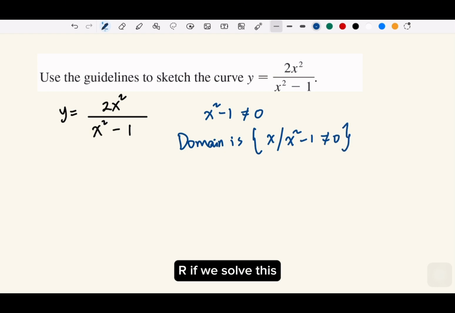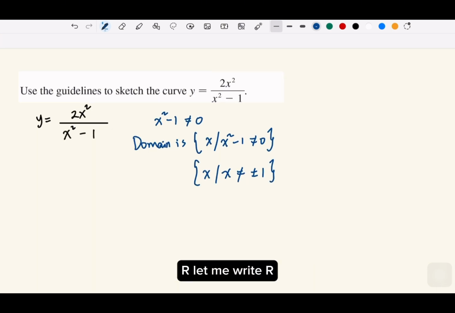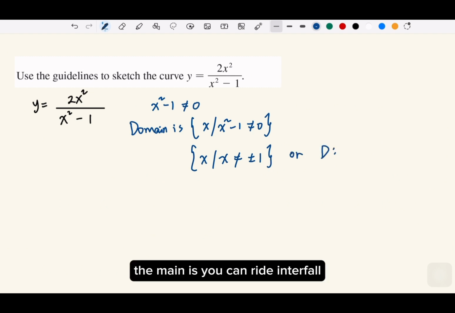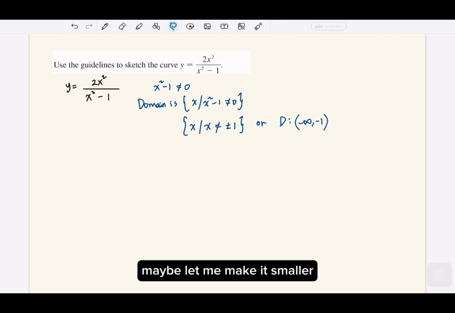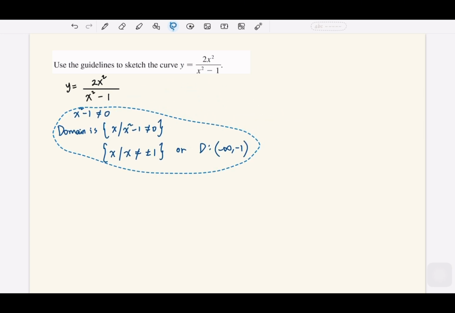or if we solve this, the domain is, we can write it as an interval. Maybe let me make it smaller.